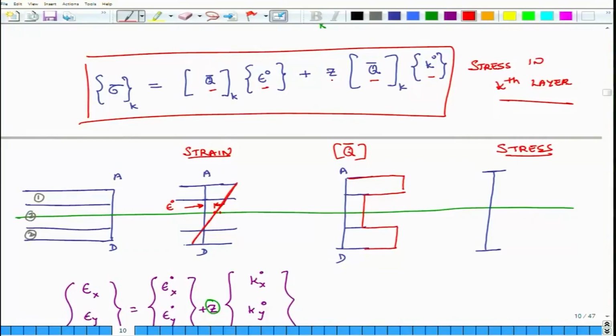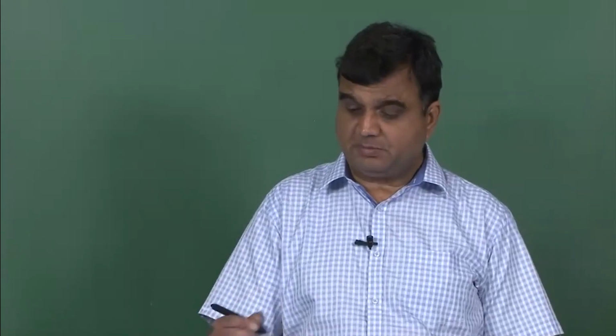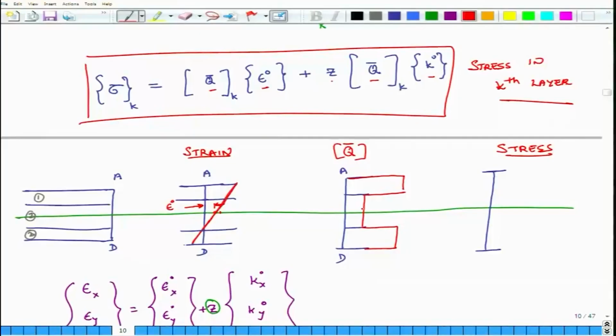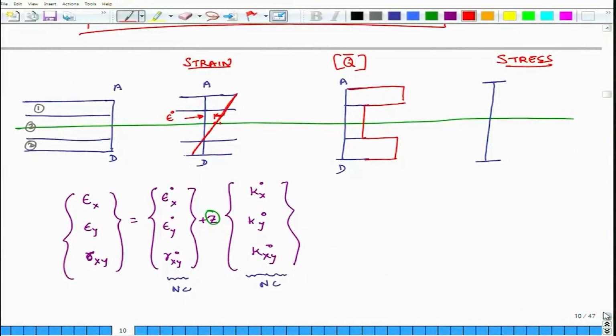So, the only thing within a layer that is varying is Z. So, within a layer stress changes linearly, but as you move from one layer to other layer, Q bar changes abruptly, and as a consequence stress jumps from one value to other value as you move from one layer to other layer.